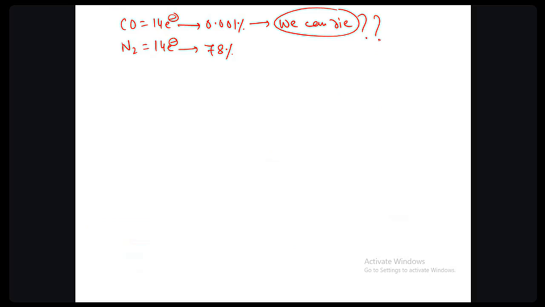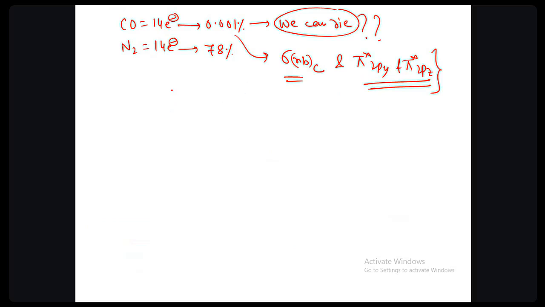How is this possible? Due to only one reason: carbon monoxide has a sigma non-bonding pair on carbon and low energy pi star 2px and pi star 2pz orbitals. That's why. So it can donate and back accept. That's why it can form a very strong bond with the hemoglobin iron, Fe double bond O, with sigma as well as pi.